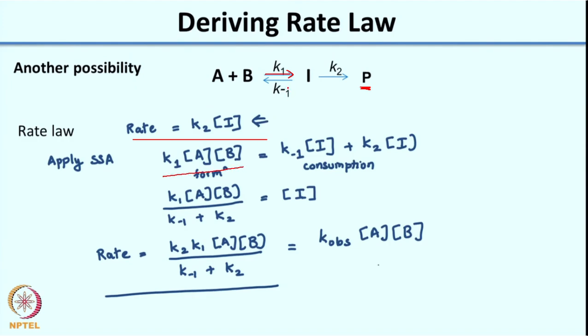Then in terms of consumption rate, we will write first K inverse, because this direction I have already explained in the previous example. This is our starting material or reactant, so K inverse I plus K2 I will be our consumption rate. Then after getting this equation, we will consider I as a common factor, and it will become K minus 1 plus K2, right?